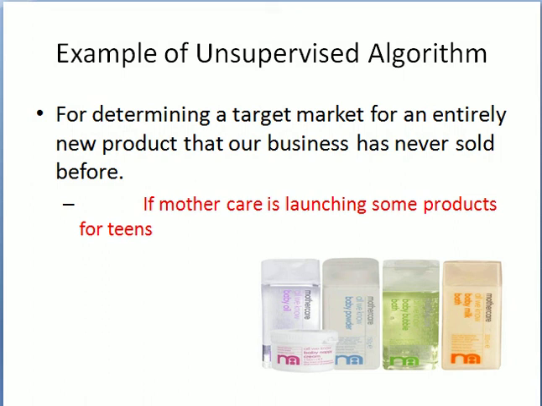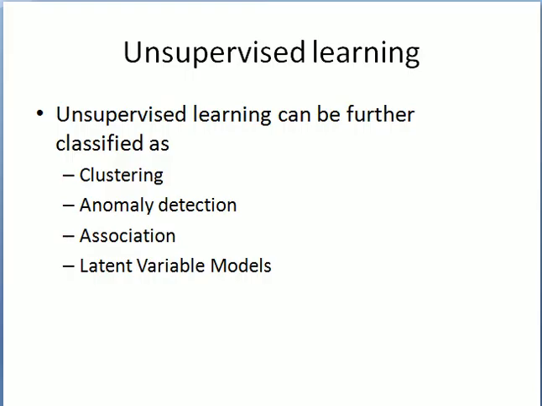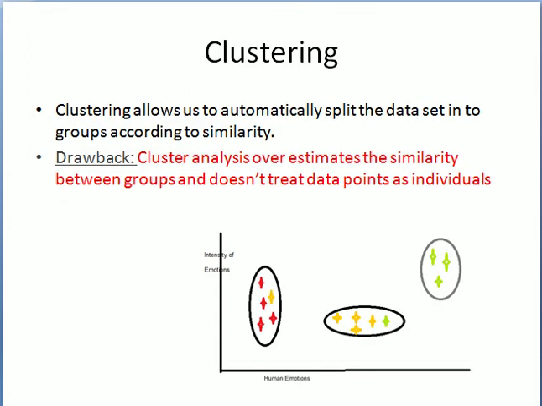What is meant by clustering? As the name suggests, clustering is grouping of things. Clustering allows you to automatically split the data set into groups according to similarity. Often, however, cluster analysis overestimates the similarity between the groups and does not treat data points as individuals. See here, I have marked intensity of emotion versus human emotions.